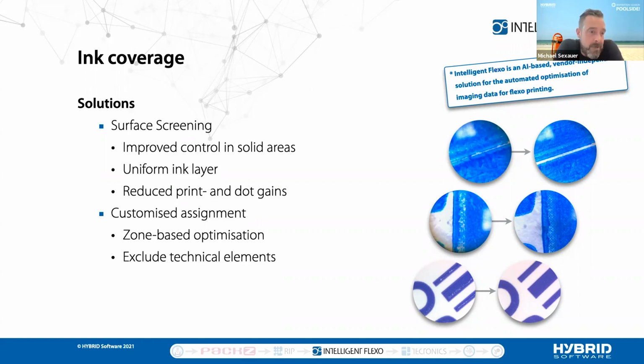It is an optimized handling of dot gain through targeted surface screening, and the automatic analysis and zone-based optimization of the separations will help there based on this AI-based technology. In the results, it really increases the print quality and, of course, simplifies the process. And in the end, you have shorter setup times. This is important for you, I think.